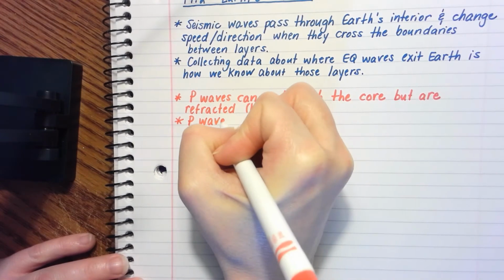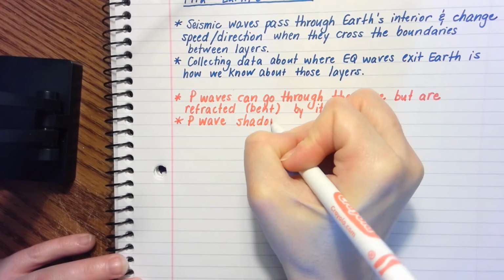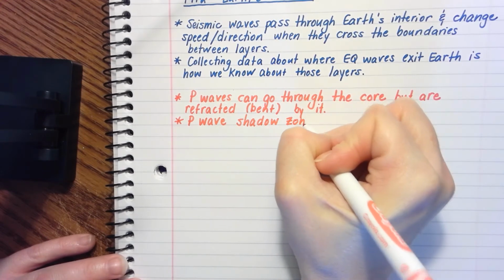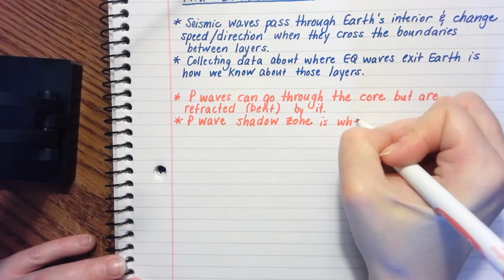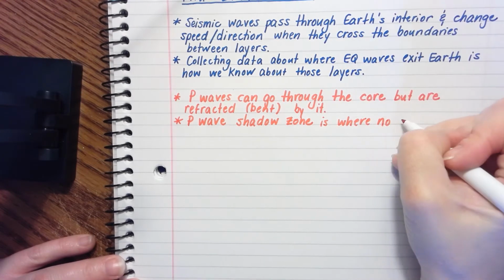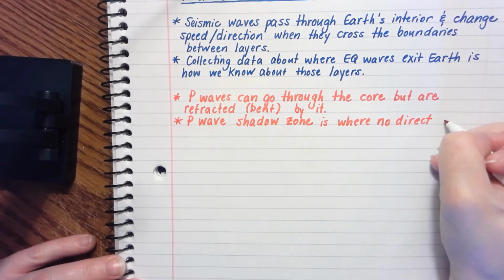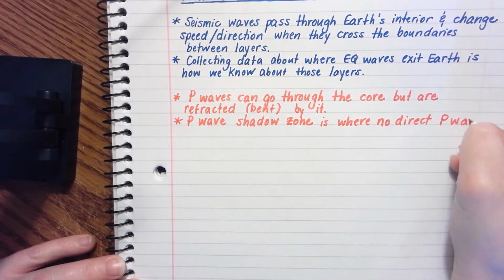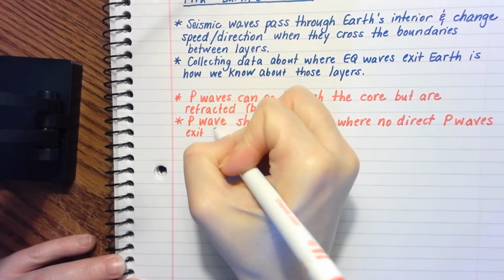So the P wave shadow zone is where no direct P waves exit Earth.